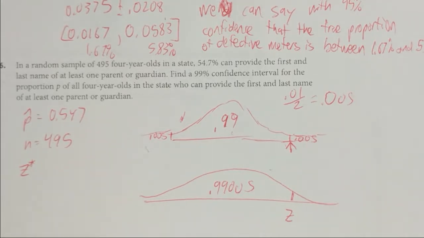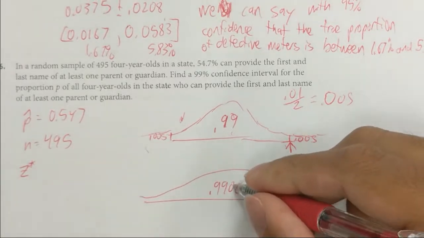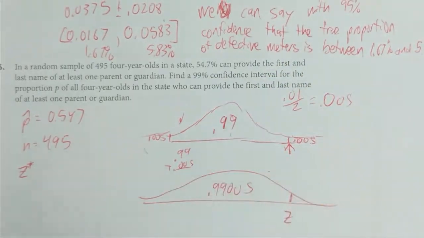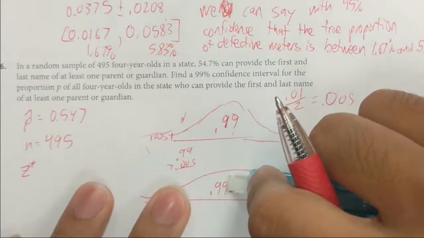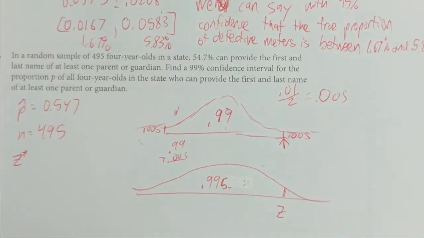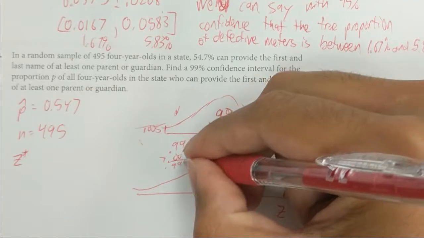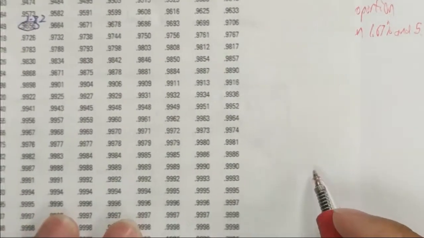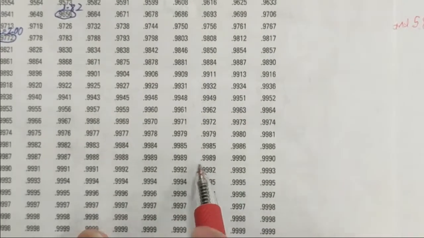Sorry, this 0.005 should go right here, right? 0.99 plus 0.005, yeah. So I'm looking for the z value which corresponds to an area of 0.995 on the left.